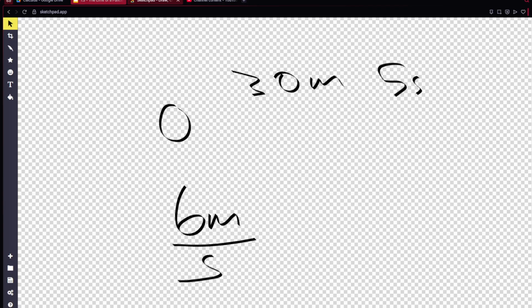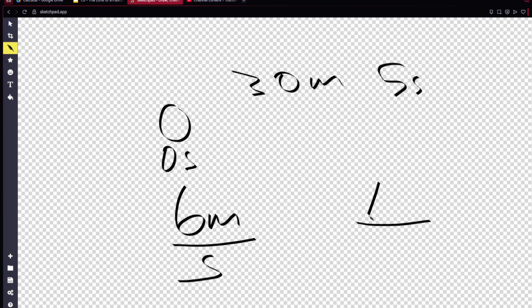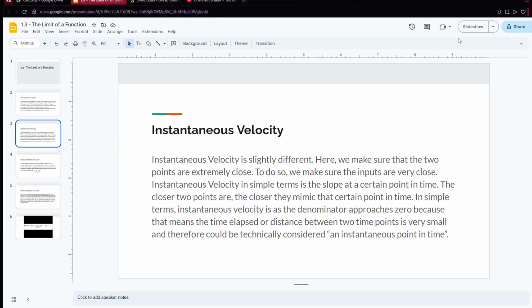That's the same thing as saying, if we start here with this ball, we can't travel 0 seconds, because then the change in displacement over change in time would be 0 over how many meters traveled, which is impossible. This is indeterminate. So instead, we use 2 really close points to mimic that exact point in time, because this is probably going to be extremely accurate to how fast the ball was actually moving at that time.